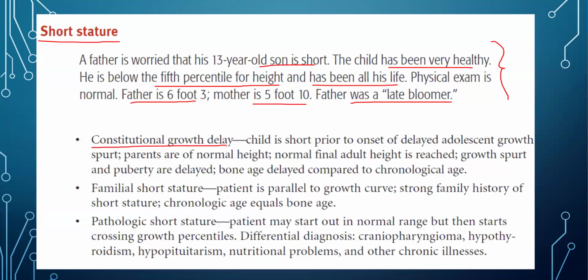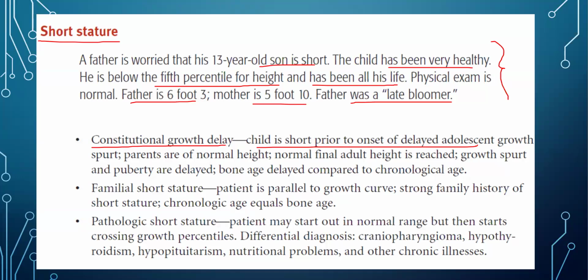In constitutional delay, the child is short prior to the onset of the delayed adolescent growth spurt. What it means is that everyone has a different way of gaining puberty. Some get early puberty, some get delayed puberty. But as long as they gain their growth spurt at some point in puberty, it's fine.